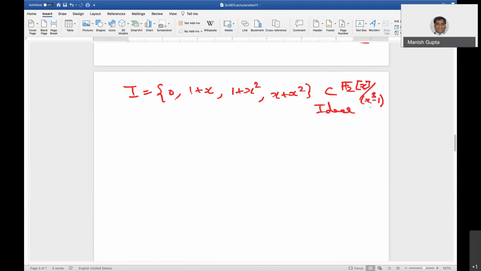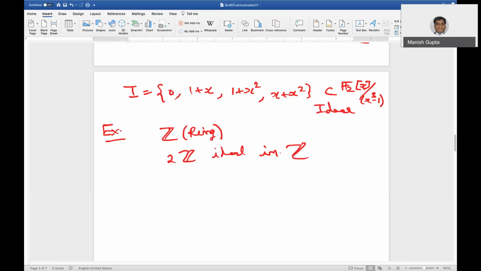It's an ideal in the ring. Some other known examples of ideals: if you remember, the set of integers is a ring, so you can have an analogy. We know that 2Z, the set of all even integers, is an ideal in Z. That's another example of an ideal.